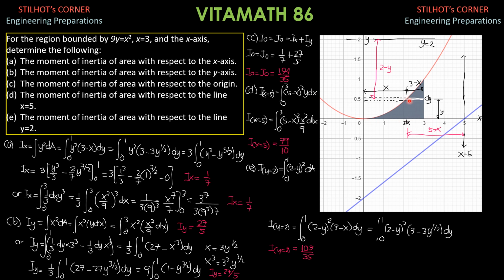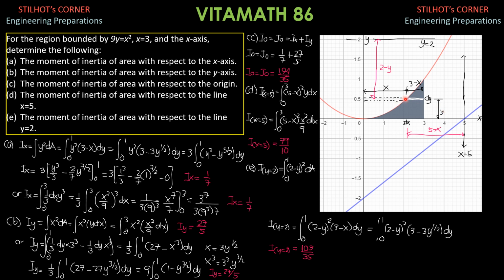So we make the strip parallel to the x-axis, so that we use moment of inertia equals the integral of distance squared. Every element of the horizontal strip is equidistant from the x-axis, and the distance is just y. So therefore, Ix is the integral of y squared times the differential area.